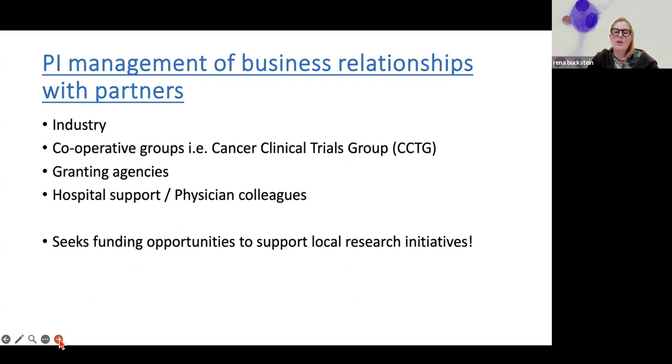You're also going to be managing your business relationships with either industry, the cooperative group studies that you may be involved with. I imagine there's the same for transfusion medicine cooperative groups, your granting agencies. So if you get a grant to run the study, you're responsible for giving yearly updates and progress reports. And then your relationships with your colleagues, constantly sending out emails to advertise the trial, encourage enrollment.